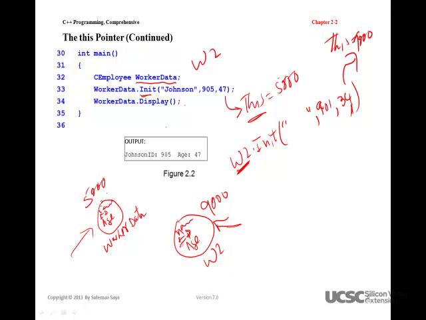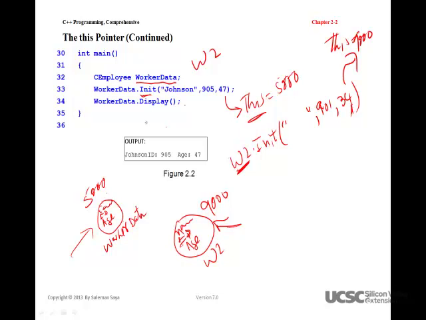Because member functions are told by the object where the memory is, because of the this parameter that they hold in their parameter list, which is inserted by your compiler during compilation time.